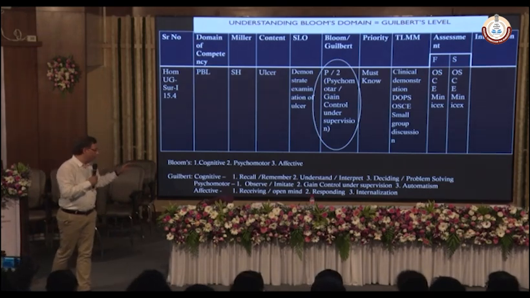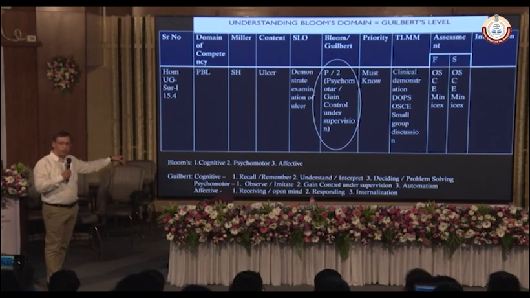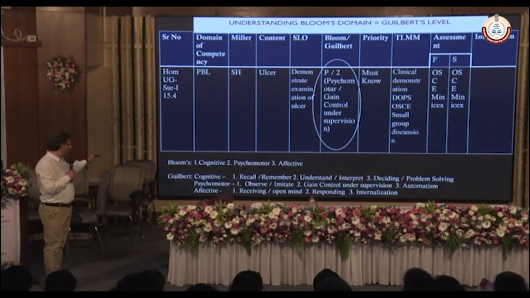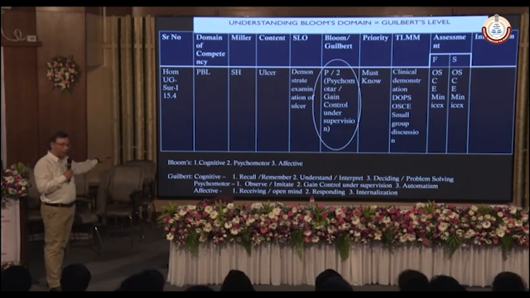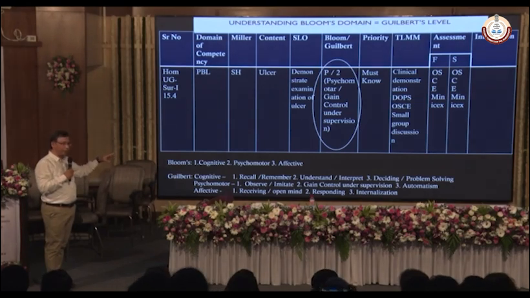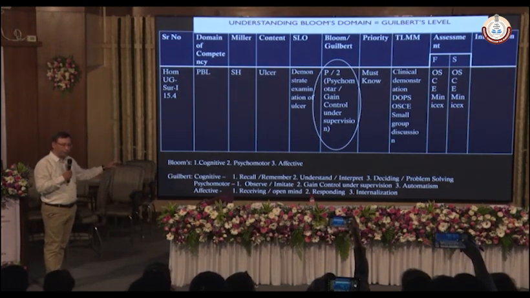So Bloom's classification is cognitive, psychomotor and affective. In Gilbert, cognitive level 1 means the student should recall, remember. Level 2 is understand or interpret. Level 3 is problem solving. These are the 3 levels in the cognitive.